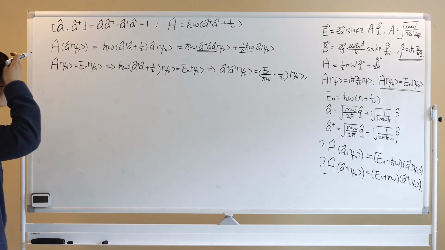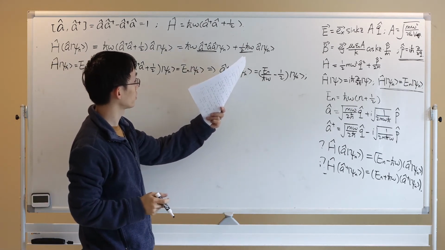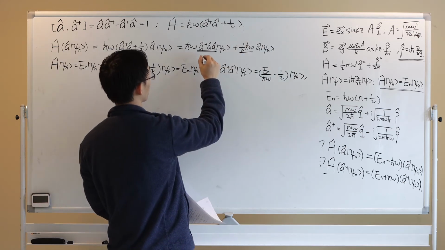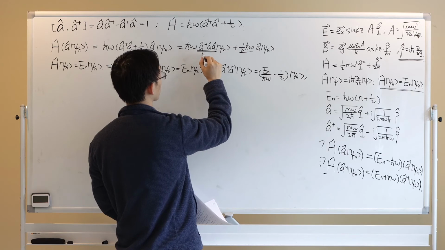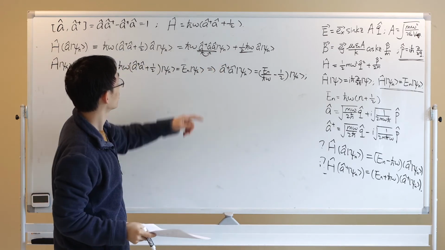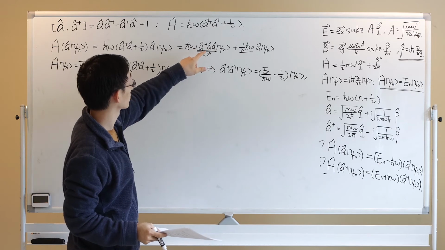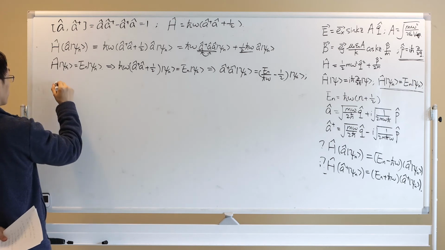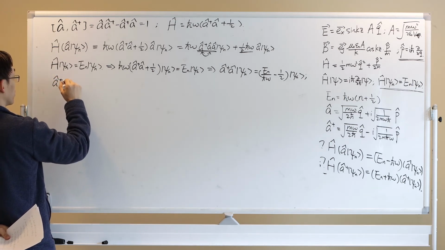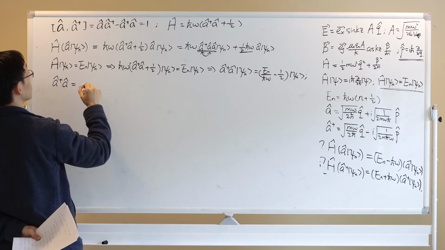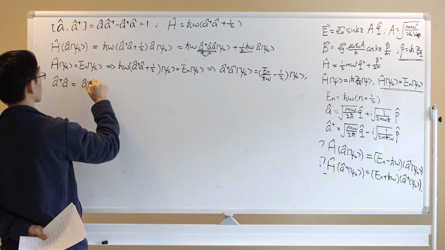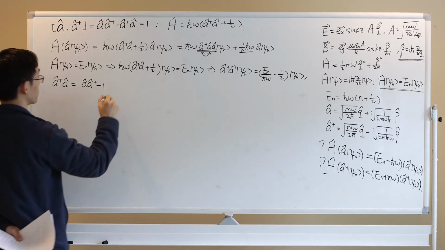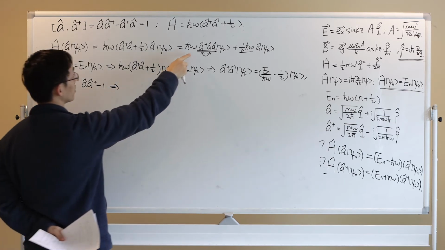So you can see that if you can get a dagger a acting on psi n, then you can reduce this to a number. So you have to somehow modify these terms, because right now it's a acting on psi n, and you want to change it to a dagger a acting on psi n. So what you can do is say, I know that a dagger a, based on the commutation relationship, is a dagger minus 1, right? A dagger minus 1. Then you can plug this in here.